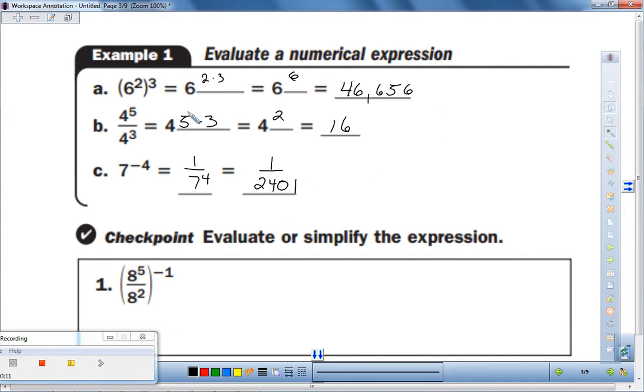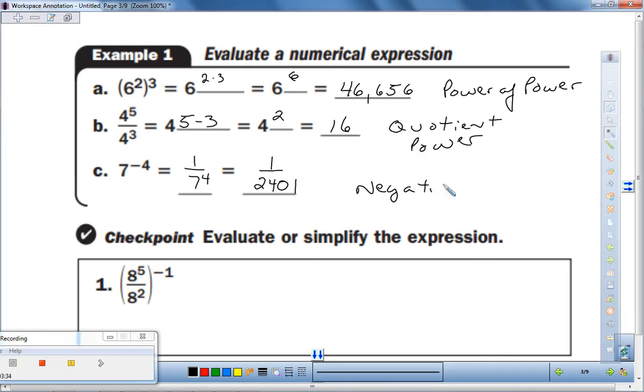Okay, so here it was the power of a power property. Here was quotient of powers. And then this was the negative exponent property.